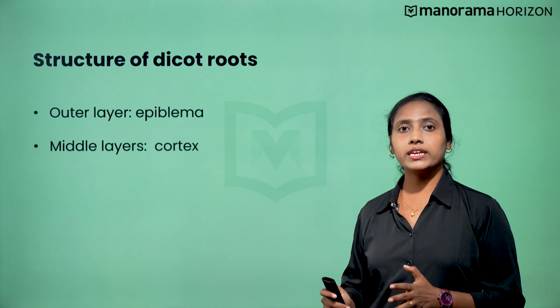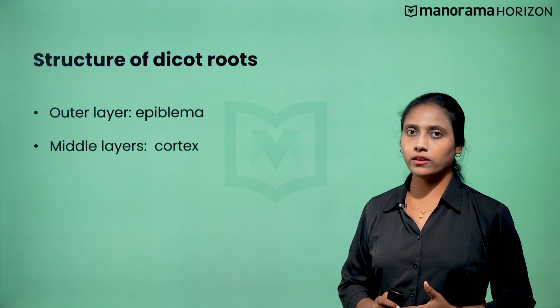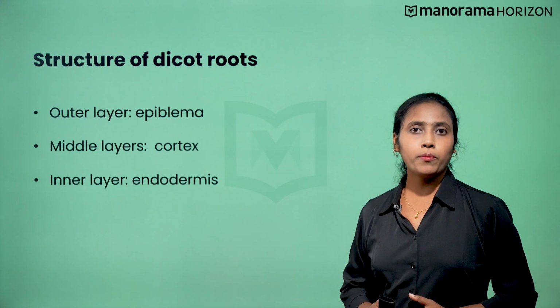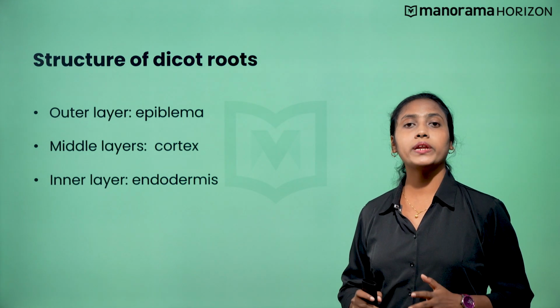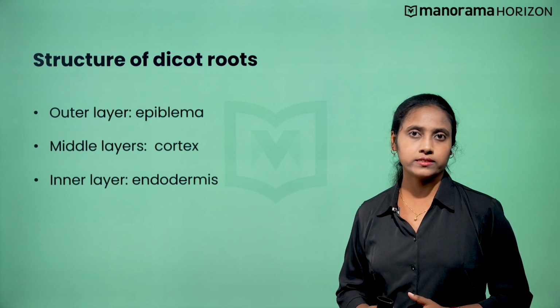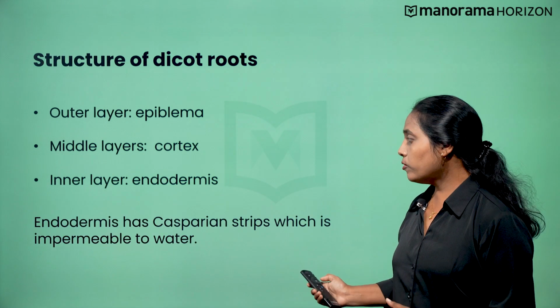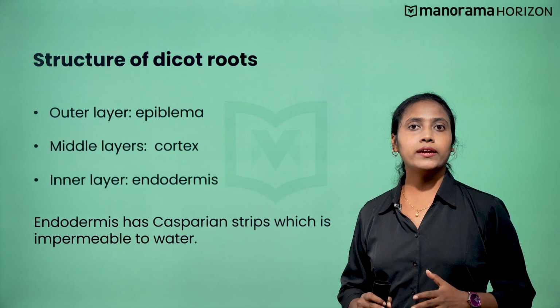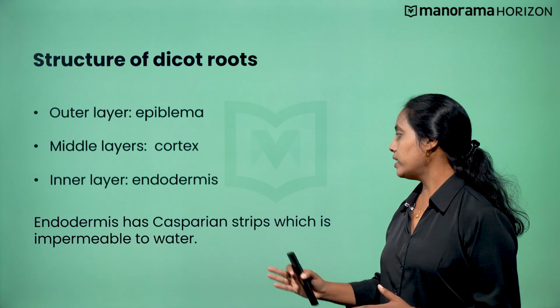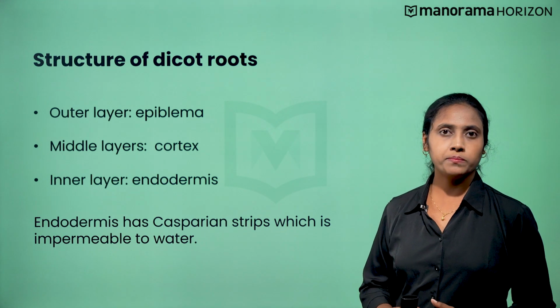Now, can you guess what the innermost layer is called? It is made up of a single layer of barrel-shaped cells without any intercellular spaces. The endodermal cells have a water impermeable and waxy substance called Casparian strips.